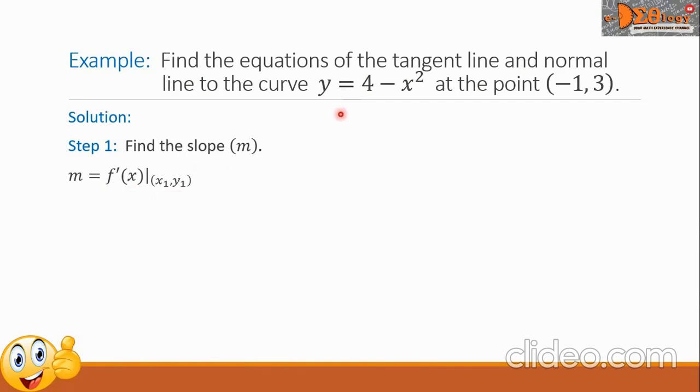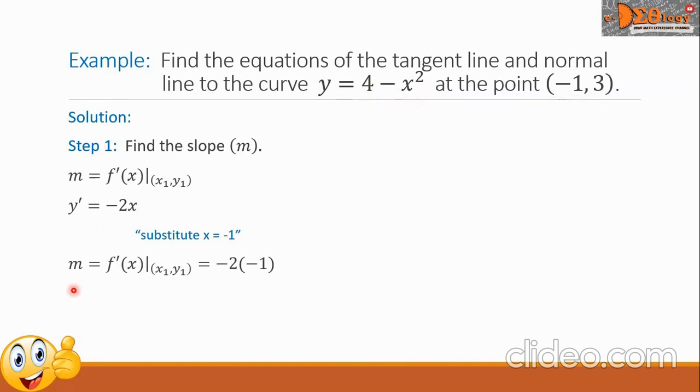So first, we're going to take the derivative of the curve. So we write here y prime is equal to, the derivative of the constant 4 is 0, so we will not write it anymore. The derivative of negative x squared is negative 2x. Next, let us substitute the value negative 1 for x. And this negative 1 is the x coordinate of the given point.